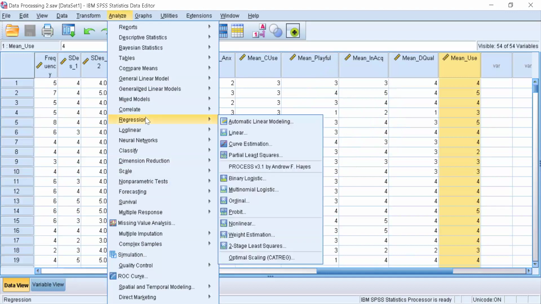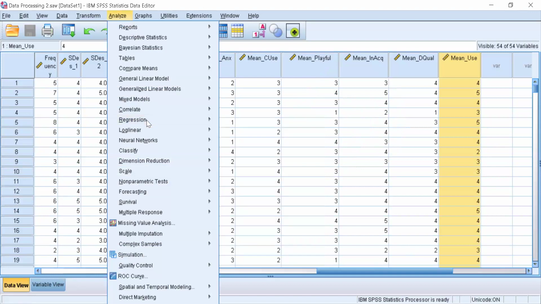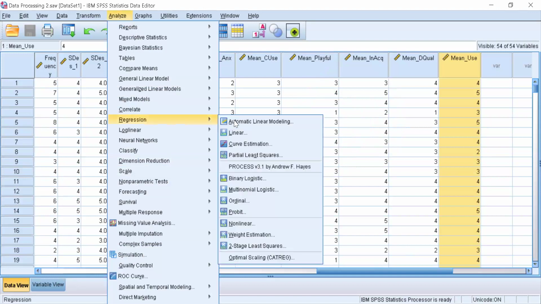I'm going slow here. Analyze, regression. And in regression, I have linear. Remember, I said there has to be a linear relationship. So linear, the graph goes either upwards or below. So there has to be a linear relationship, which your literature review tells you these variables have. So analyze, regression, and linear.